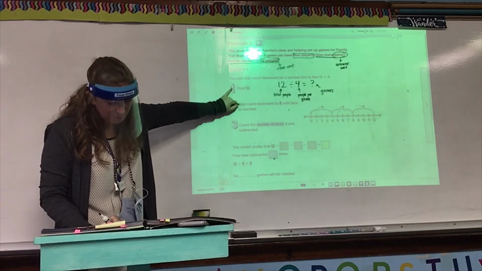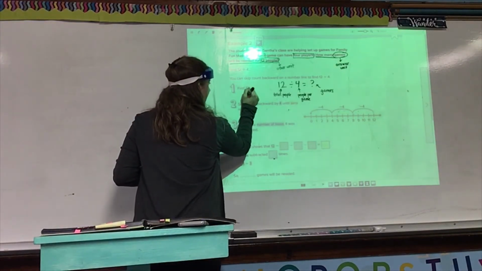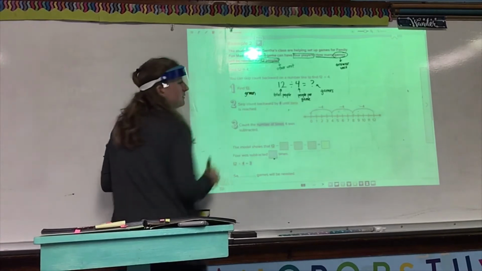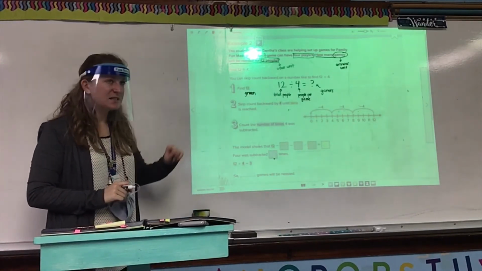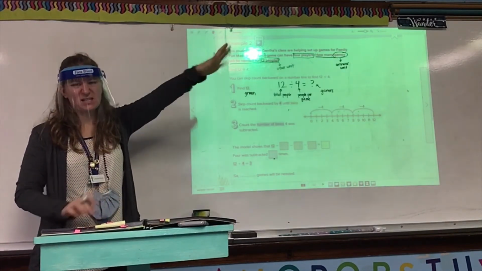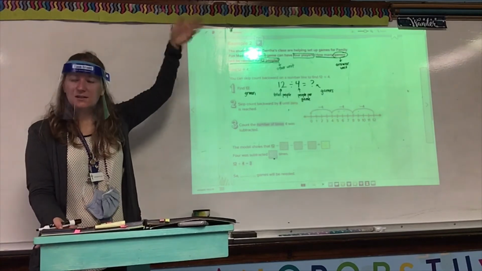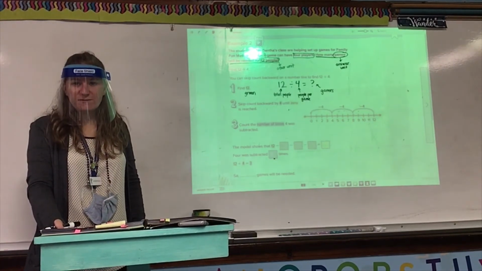So here, step 1, find 12. Notice how 12 is highlighted in green. So let's find 12 on the number line. Someone come up here and point to 12. Victoria, come and point to 12. Just use your finger.